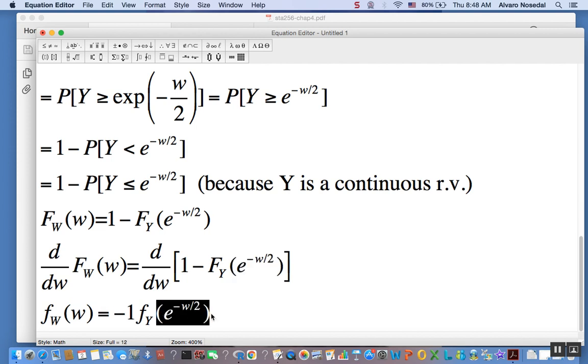Then we have to apply the chain rule. We have to compute the derivative of e to the negative w divided by 2.